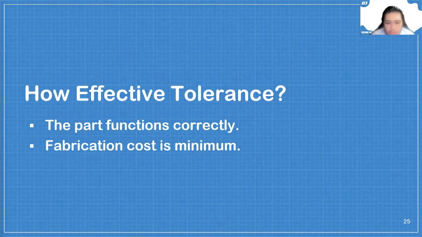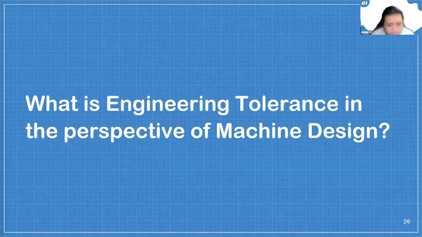How effective is tolerance? The part is functioning correctly and the fabrication cost is minimum. Next. What is engineering tolerance in the perspective of machine design? Engineering tolerance is the permissible limit of variation in a physical dimension, a measured value or physical property of a material, manufactured object, system, or service.